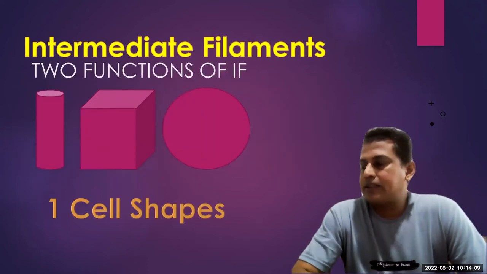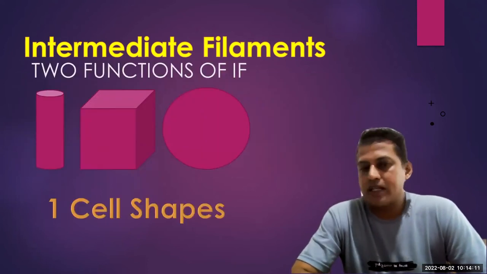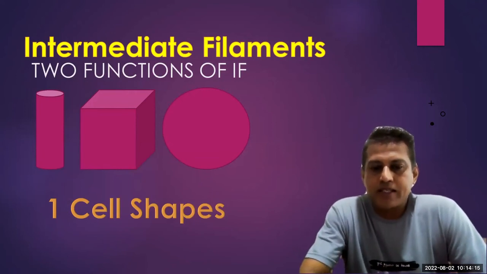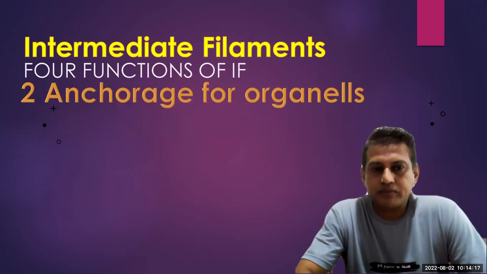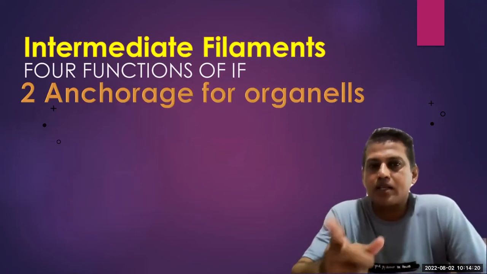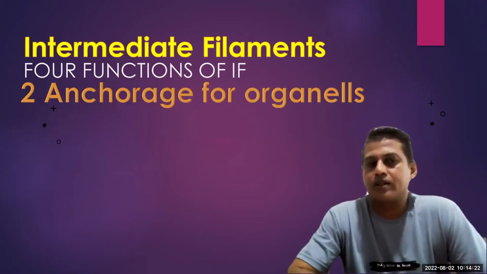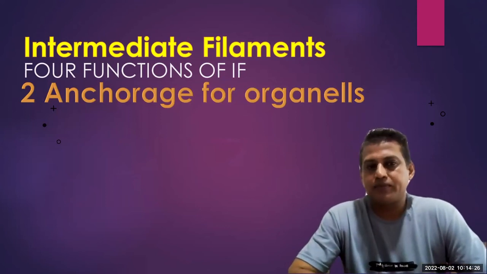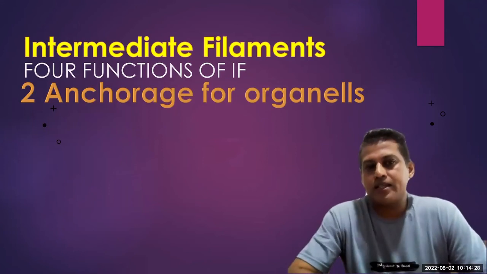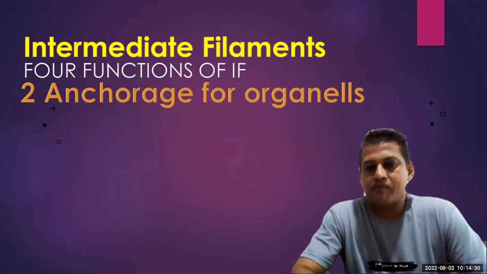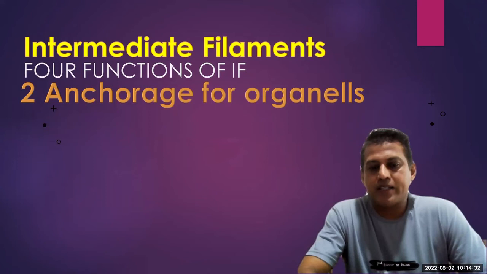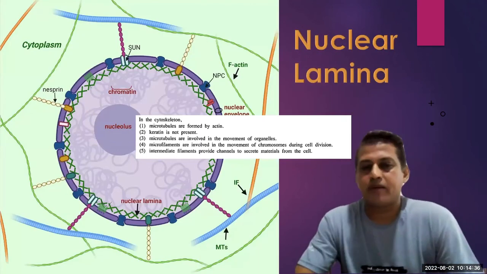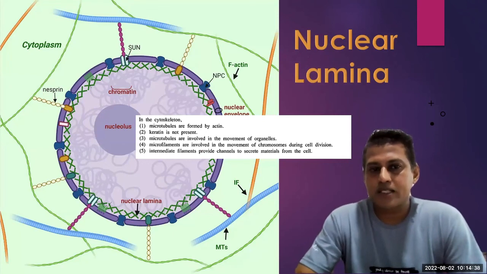Again, cell shape and the strength to the cell. And the second one is anchorage of organelles. Now this time, organelles are not moving. To move the organelles, the cytoskeleton helps. To hold the organelles, the cytoskeleton helps. One example is the nuclear lamina.